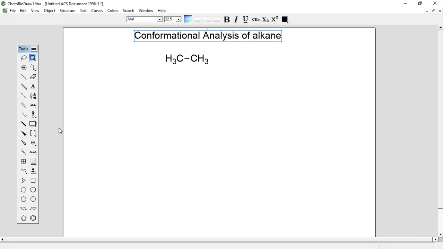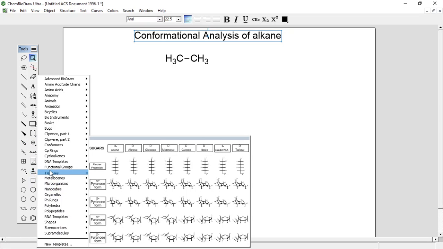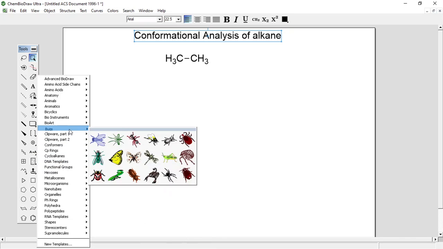The convenient way of representing the conformation is by the Newman projection formula. So we'll write the Newman projection formula of ethane.